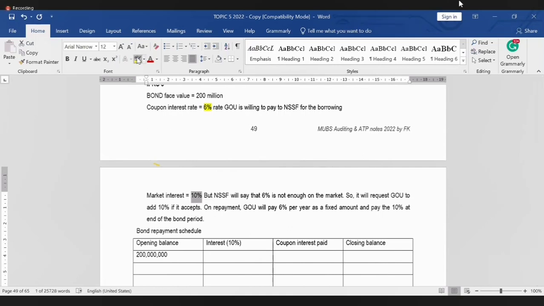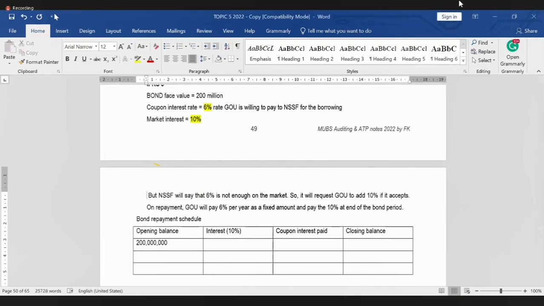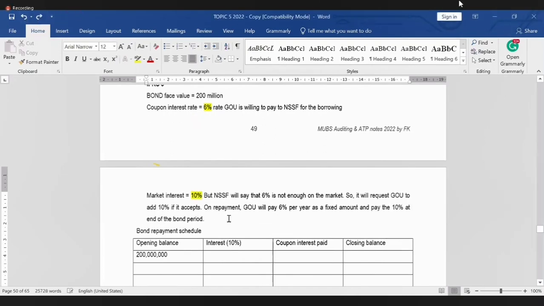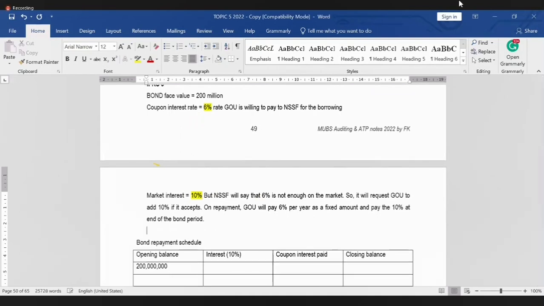So it will end up paying 16%, but it doesn't pay this 16% at once every year. It pays the 6 per year, then the 10 is paid at once at the end of the bond period. So bond period, let's for example say, is 3 years.